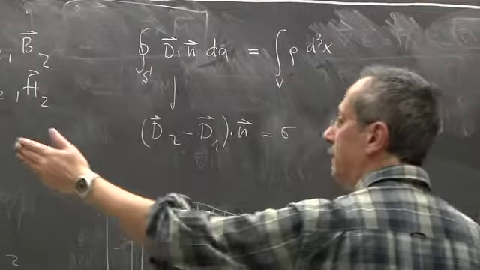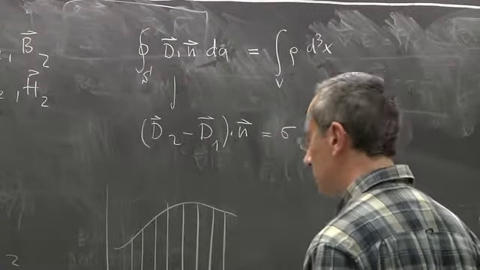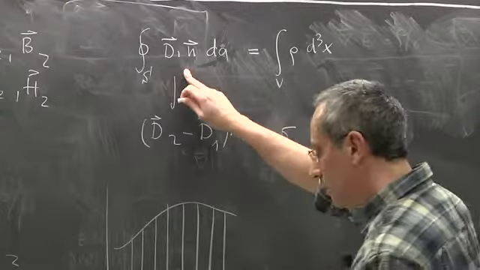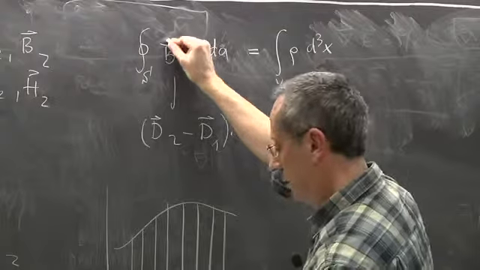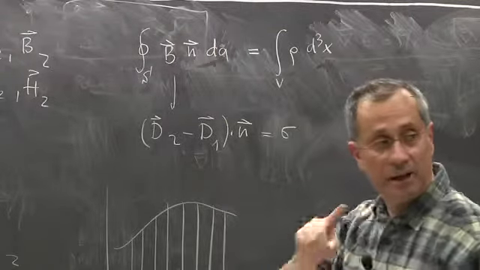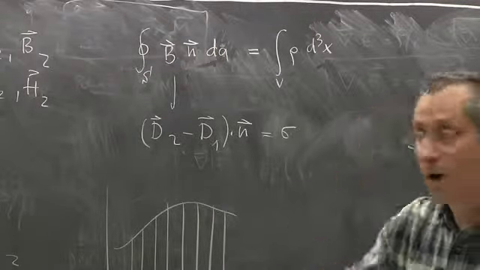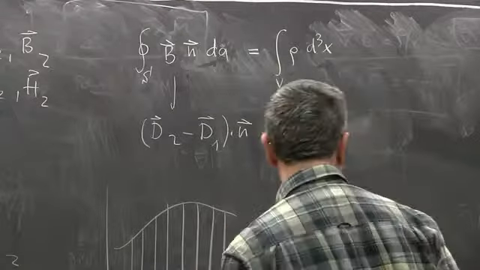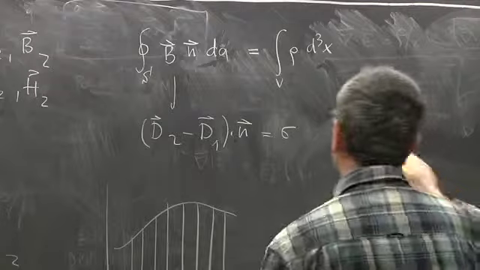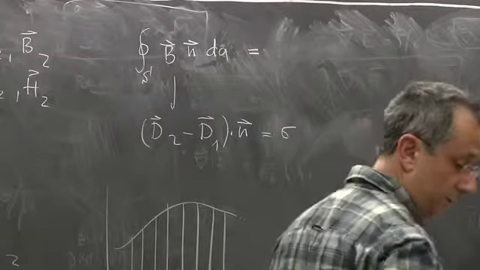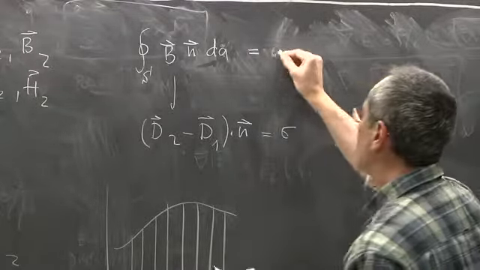How about the B field? What happened to the B field? You have a similar equation, right, for the B field, if you remember. That the flux of the B field around the closed surface, in that case, was not proportional to any charge because there is no magnetic charge. It was just equal to 0.